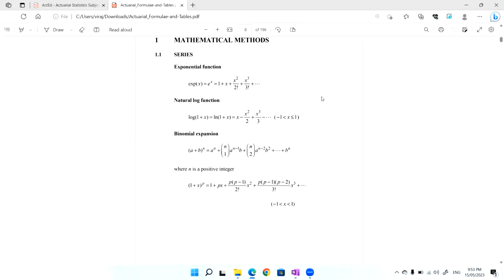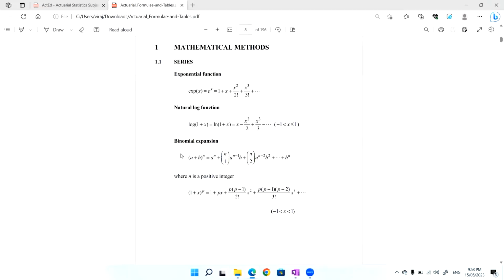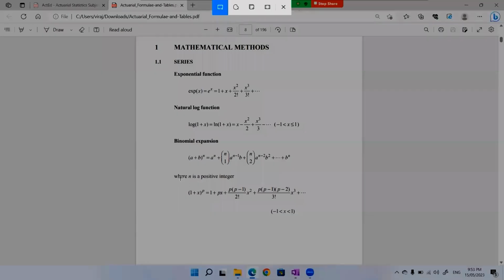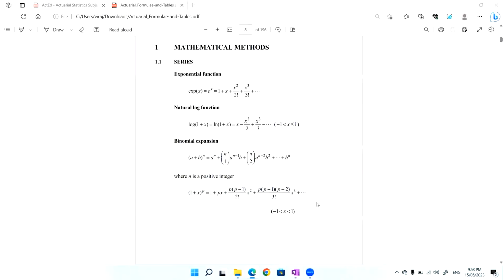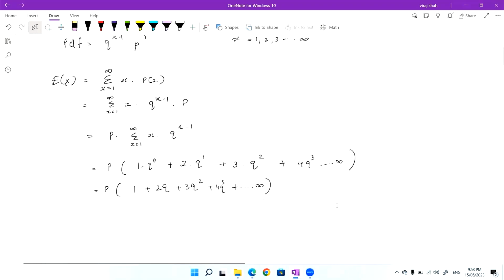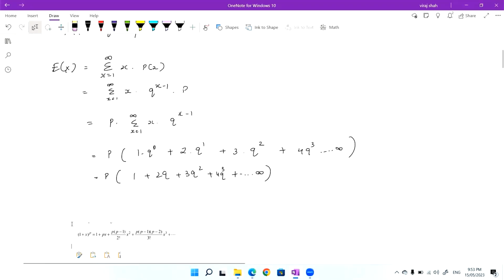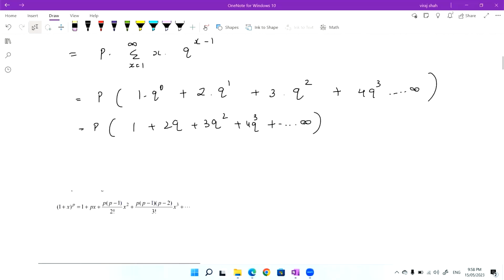So if you open your tables book and see this, with respect to this formula, in case if you put x is equal to minus q, and p as equal to minus 2, in that case, what will happen?